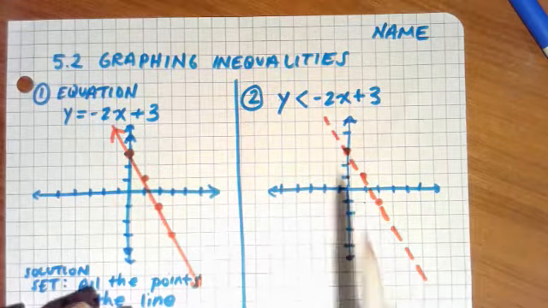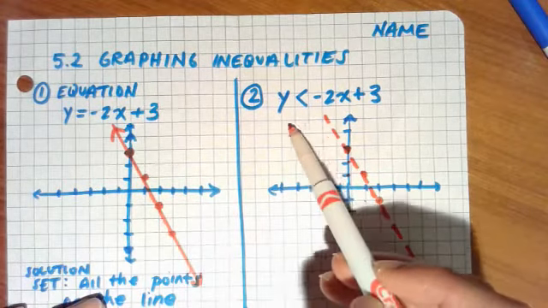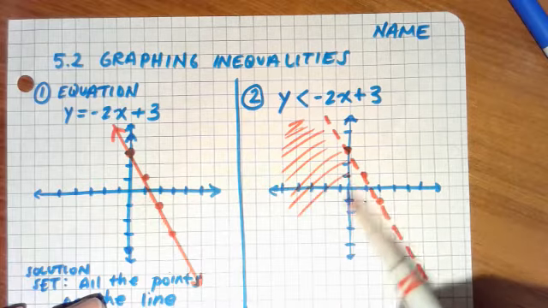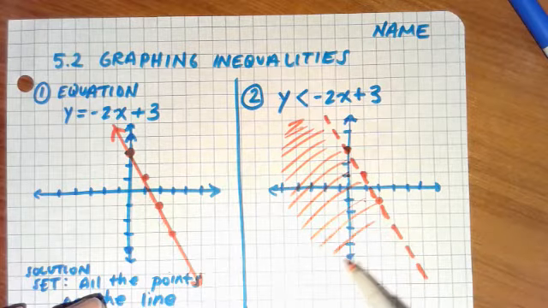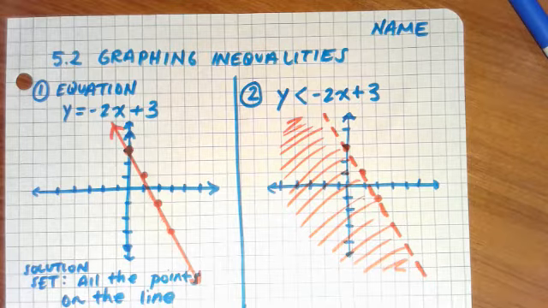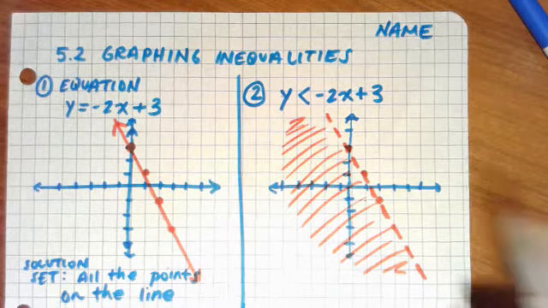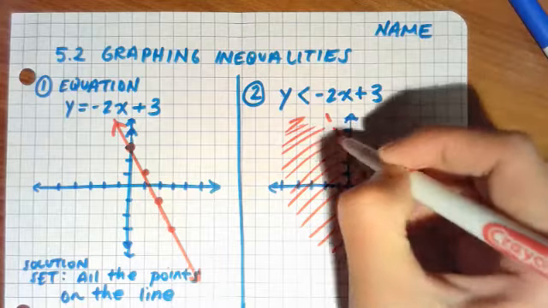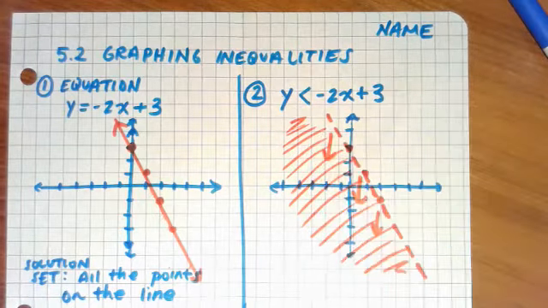And then what I'm going to do is shade all this area that's underneath this dashed line. And I'm also going to draw arrows pointing down from this line as a reference, just to make it even clearer.